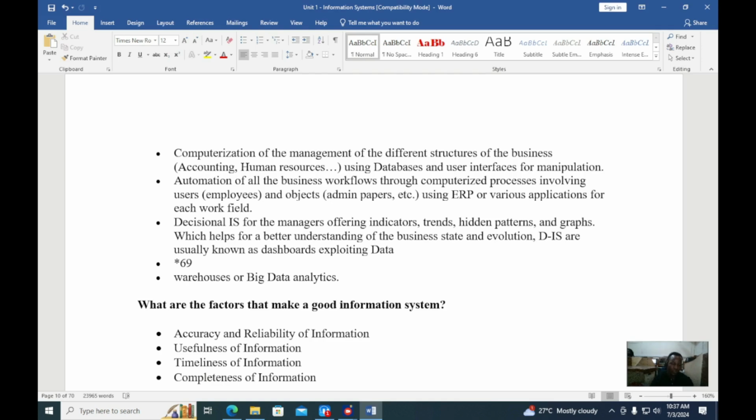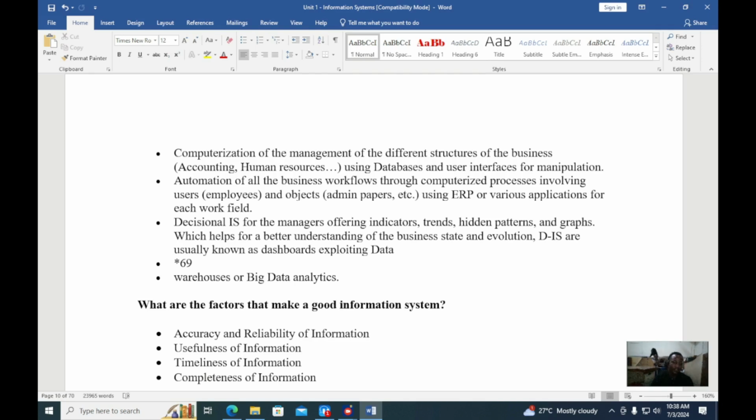Number two, we have automation. All the business workflows in that particular organization are computerized to involve users, and these users could be employees. They can involve objects. Objects can be maybe admission papers, or using some enterprise resource planning, or various applications that are used in that particular field.